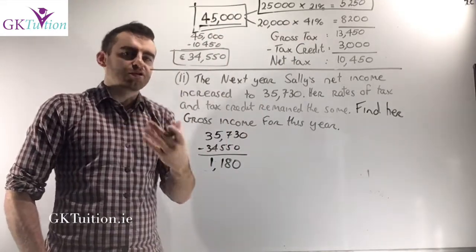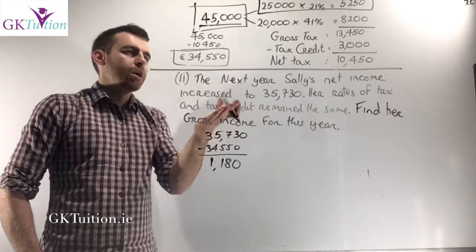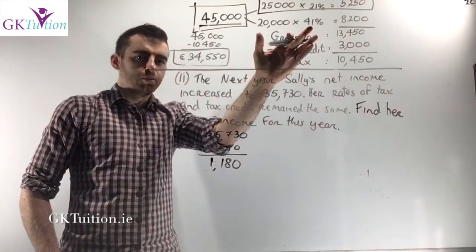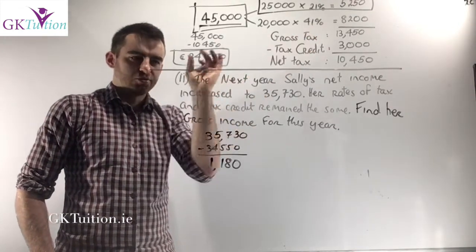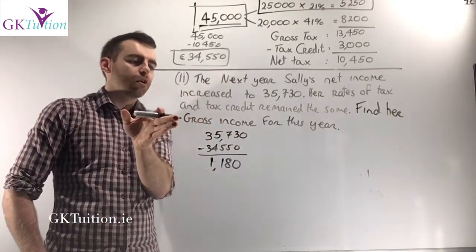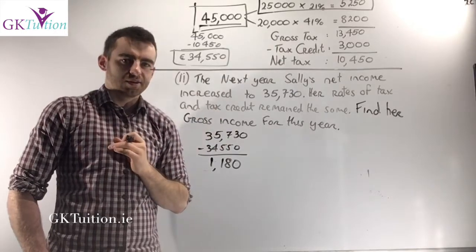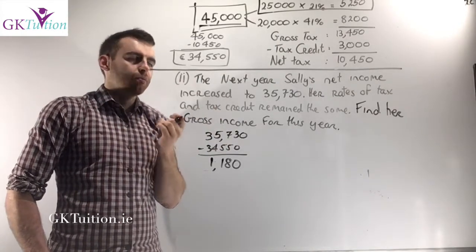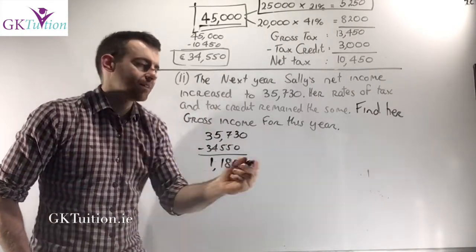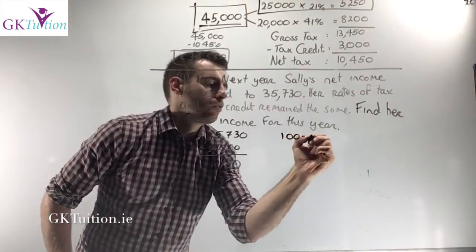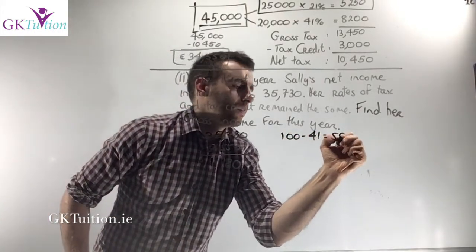So any extra money that she earned this year, she would have had to pay 41% tax on it. It's really important. Whatever her gross income is increased by, she would have paid 41% tax on it. If she would have paid 41% tax, let's just think about that. 100 minus 41% leaves me with 59.